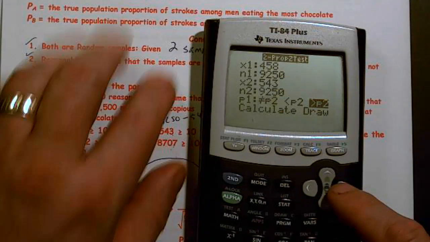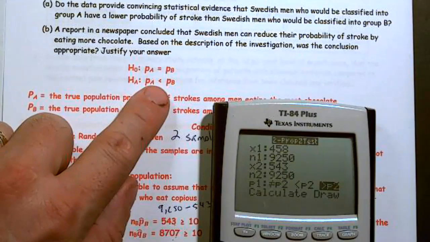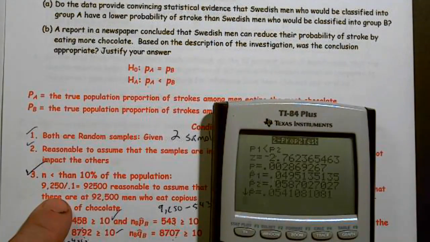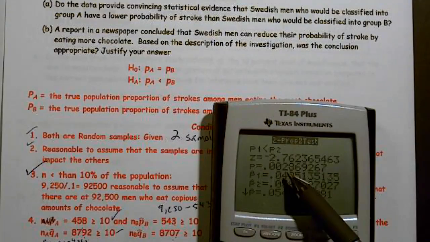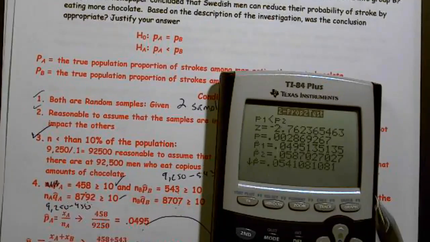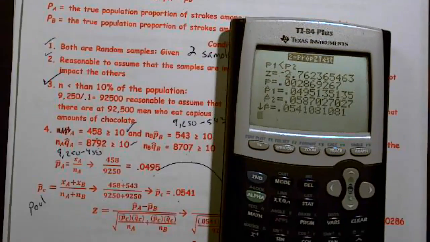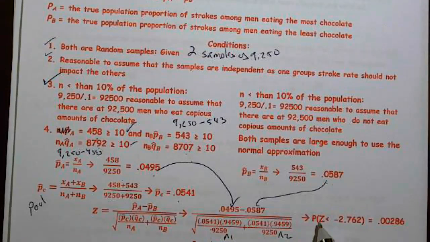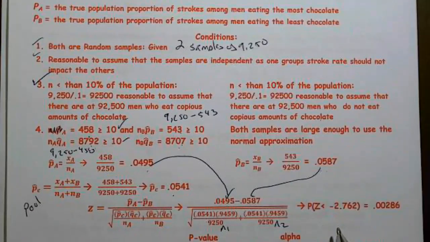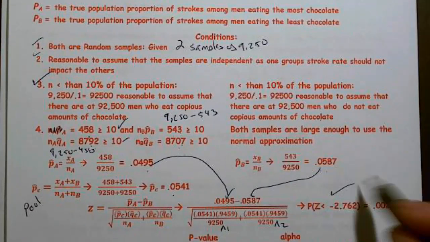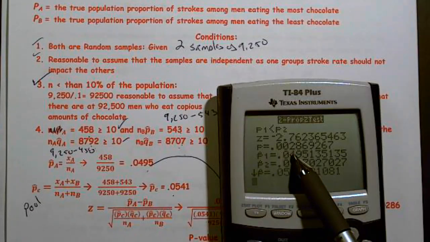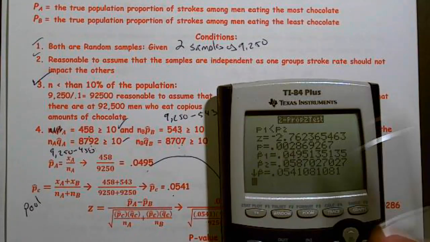And our hypothesis was that we wanted to have a less than. When I do that, I end up getting a z-score of negative 2.76. So we want the probability that z is less than negative 2.76, and you have to have that. And our p-value ended up being pretty small at 0.00286.